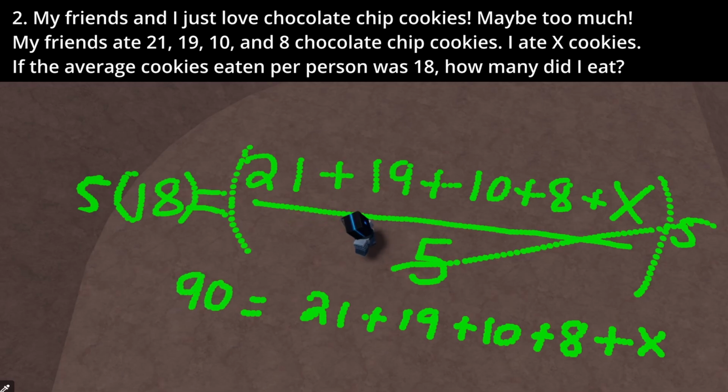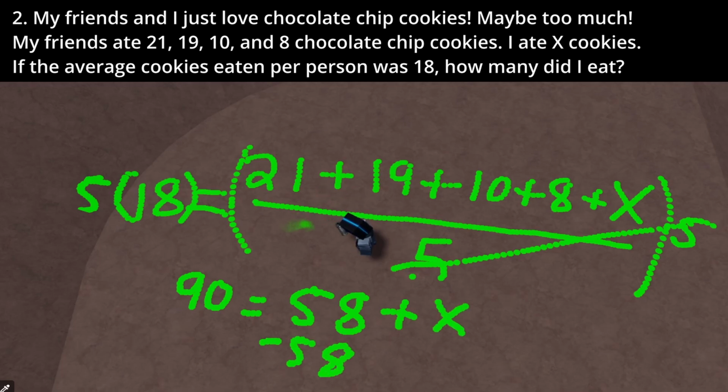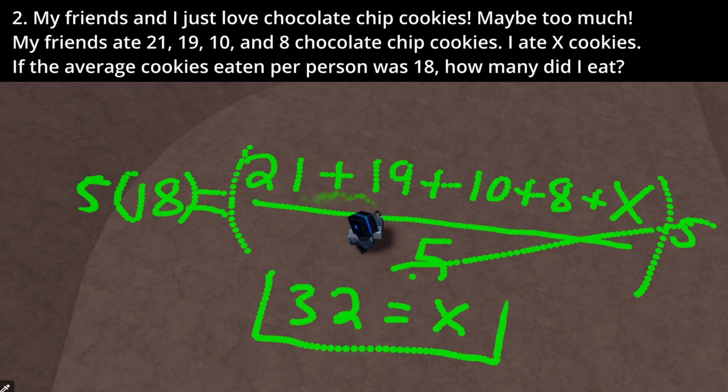Let's simplify this. 21 plus 19 plus 10 plus 8, if you do all that, that's just 58. So 90 equals 58 plus X. And then to solve for X, just subtract 58. And if you do that, you should get that X is equal to 32. So in other words, I ate 32 chocolate chip cookies. Okay, maybe that's a bit too much for one day.